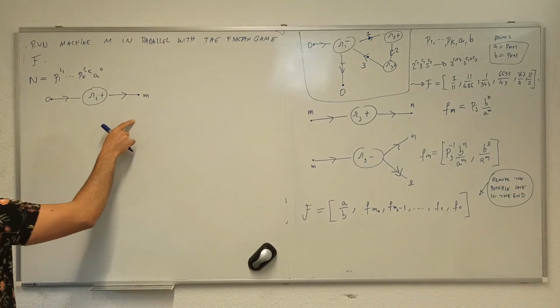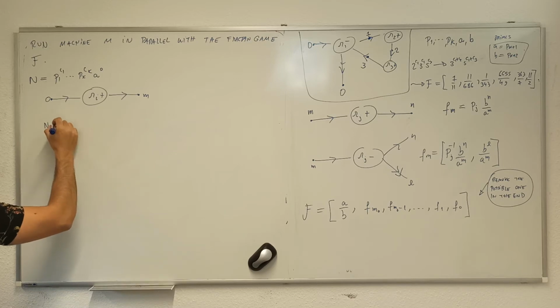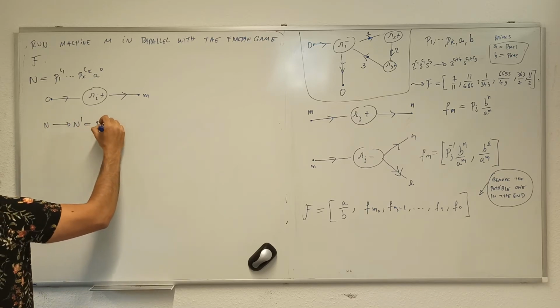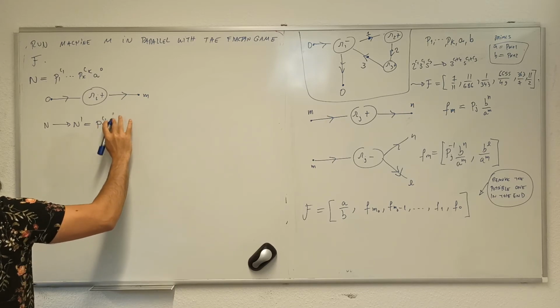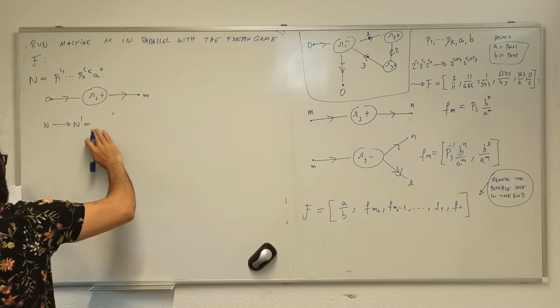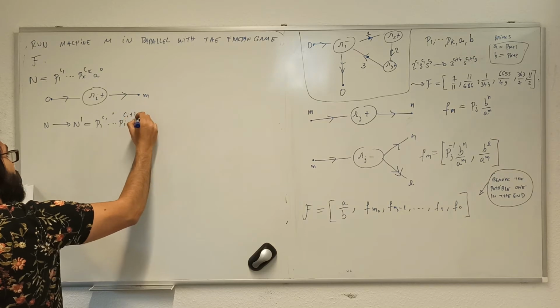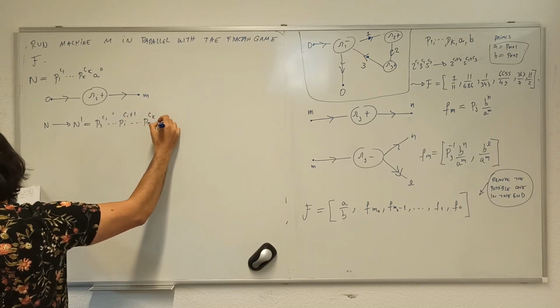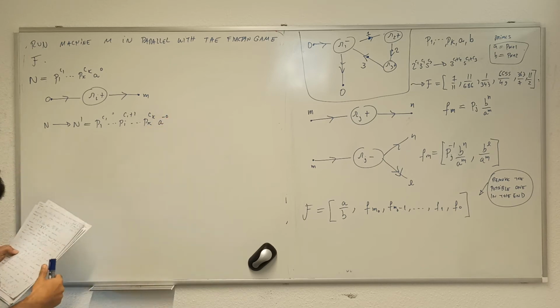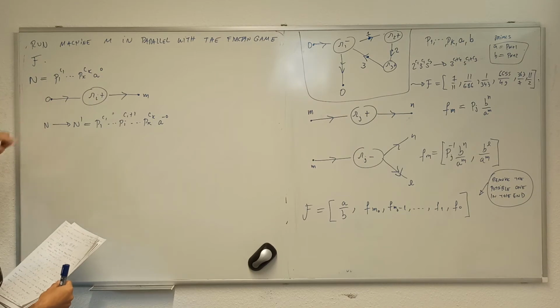So what this did was the following. This made N go to N prime, which will be P1 C1 dot dot dot PI CI plus 1 dot dot dot PK CK, and then A to the 0. So let's say I put prime here.